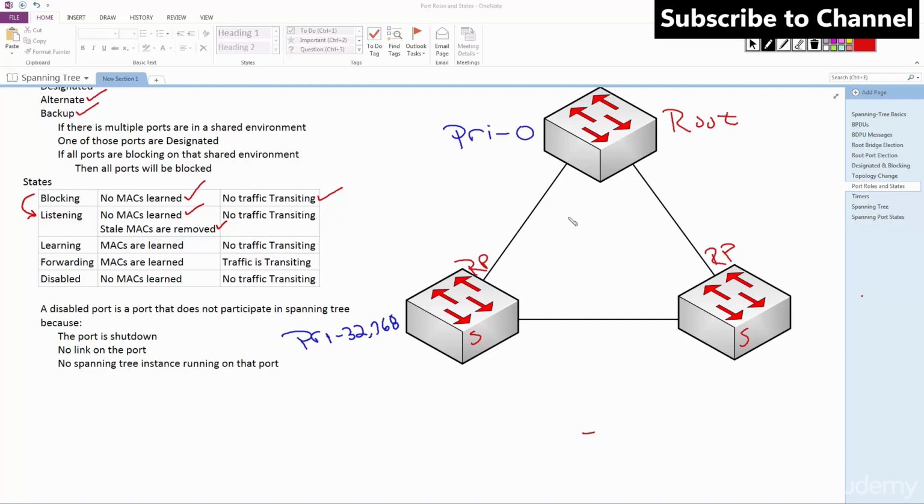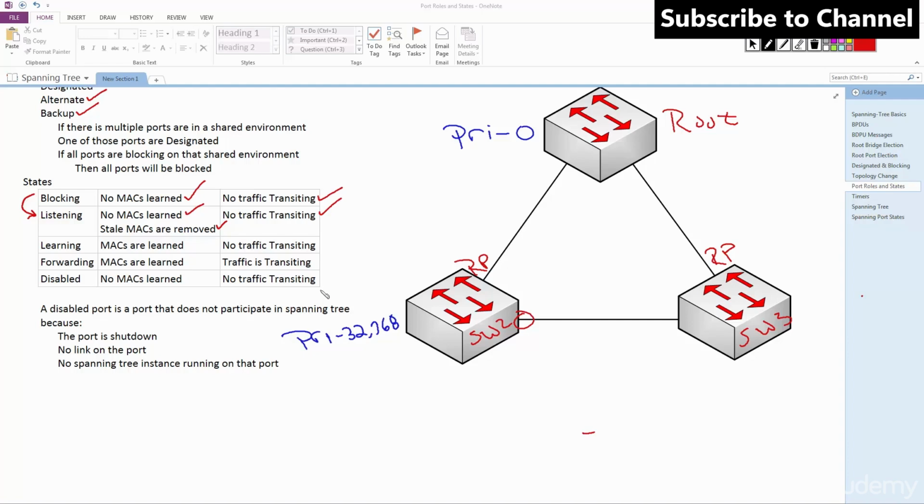Now, also during the listening stage, we're really listening for BPDUs. If I brought this port up during the listening stage, I'm really looking to see if the BPDUs that I sent out are coming back in on this port. That's really what I'm looking for. I'm really looking for loops.